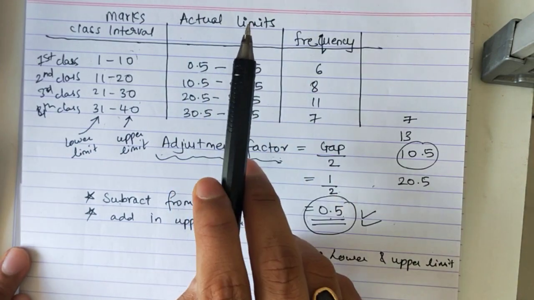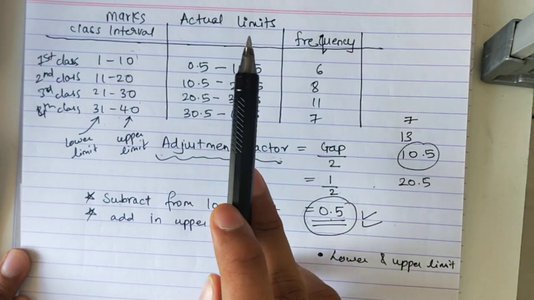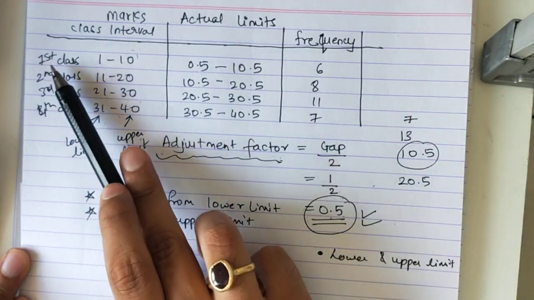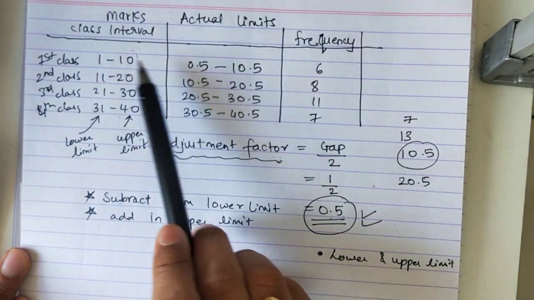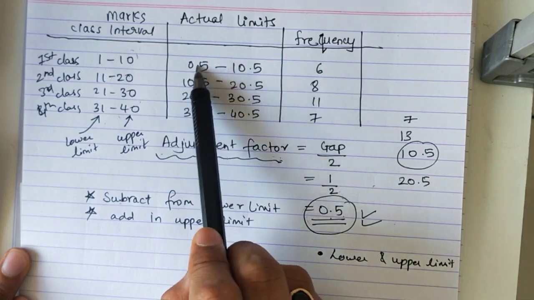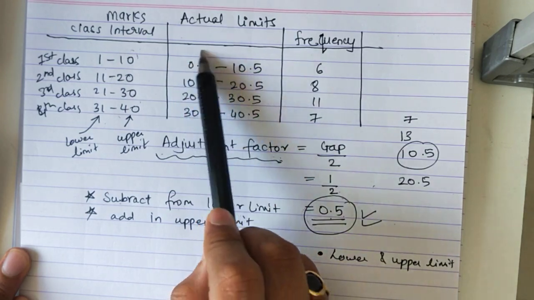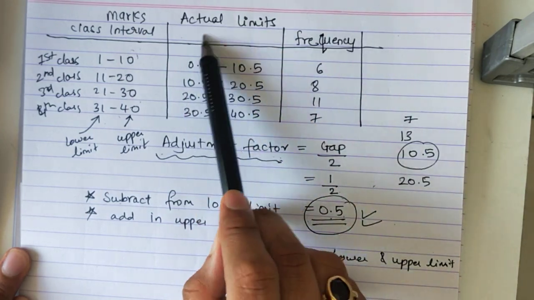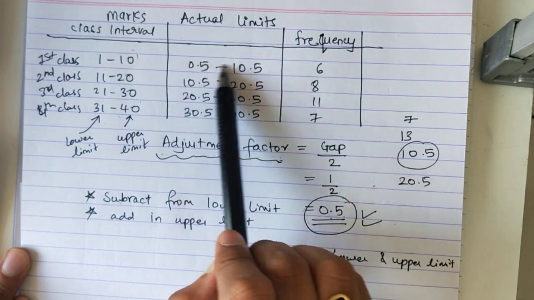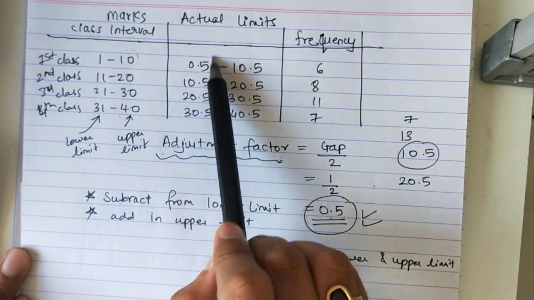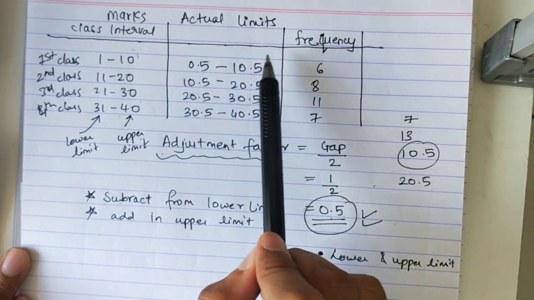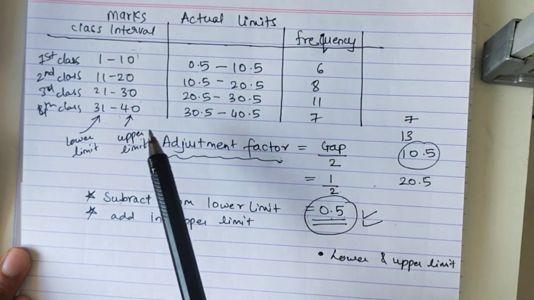If I ask you the actual lower limit of the first class, from the actual limits column, the lower limit is 0.5. So the actual lower limit is 0.5, actual upper limit is 10.5.